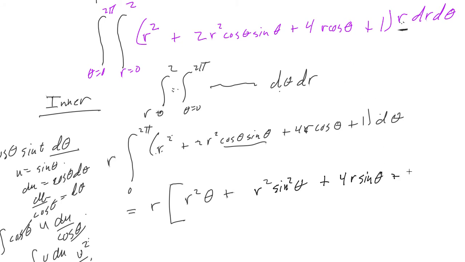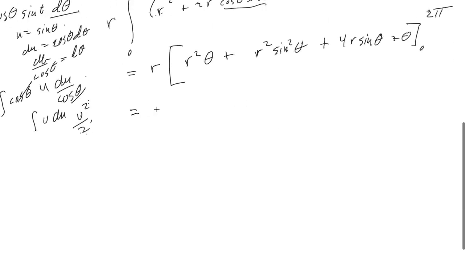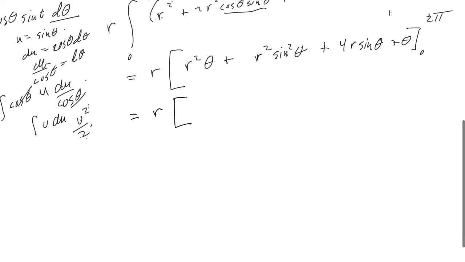And then this one is just theta. And then all of that is going from 0 to 2 pi. This r is going to hang out in front there. All right, so plugging in theta equal to 0 to 2 pi.